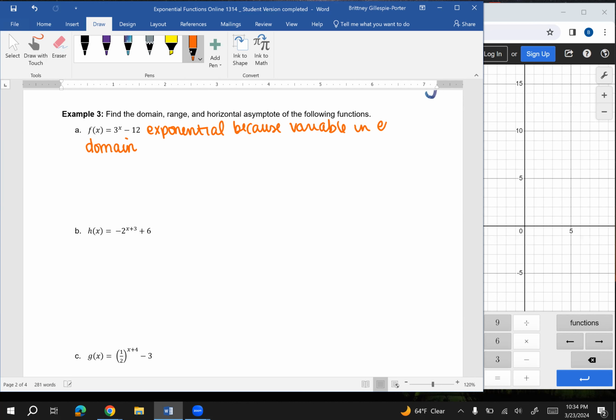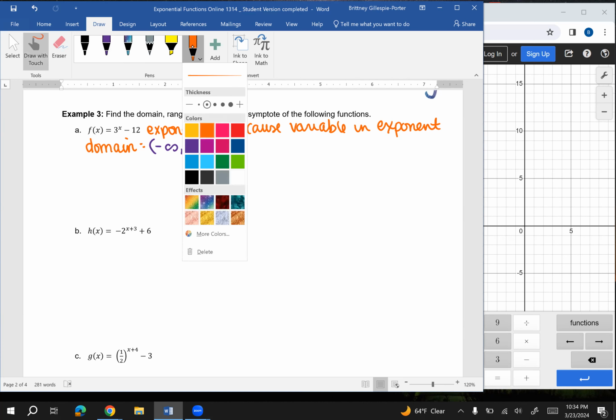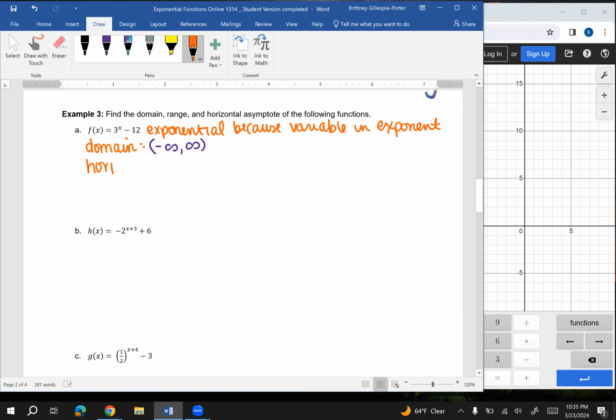Our horizontal asymptote is what we add or subtract after the exponential piece, which in this case is negative 12. That means that our horizontal asymptote is y equal to negative 12.